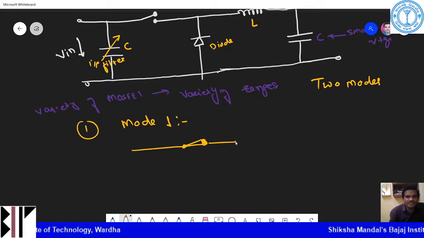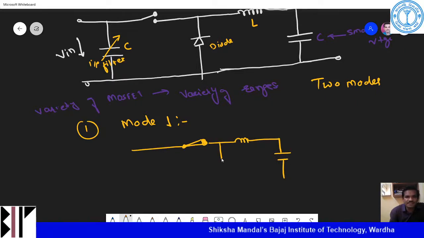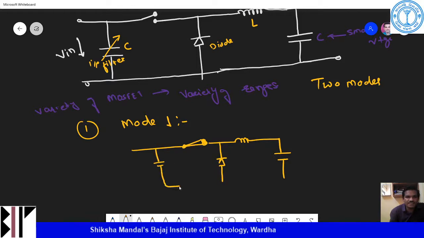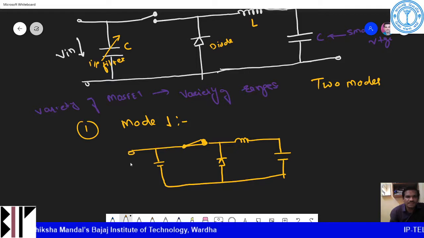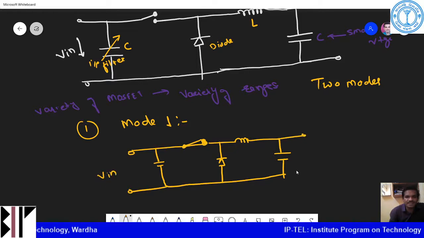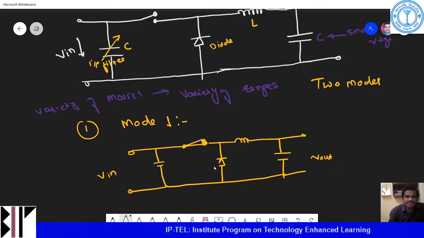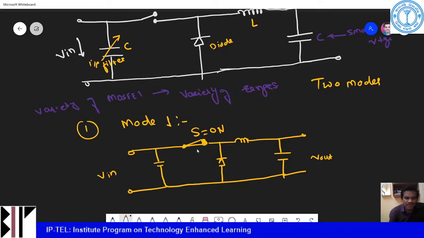Then this inductor, and then the capacitor. There is a freewheeling diode here, and then there is this capacitor. I will get V in at this side, and then V out. So S is on in mode 1.